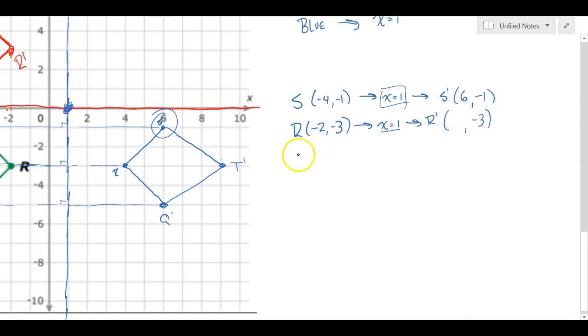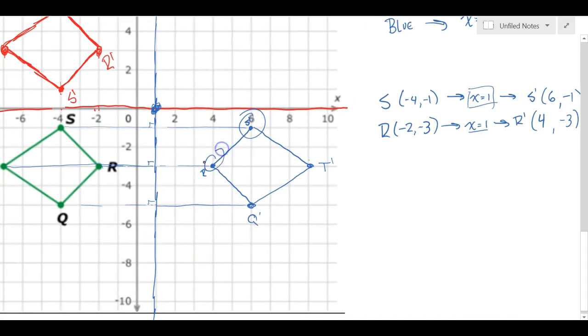And then I say, what's the difference between -2 and 1? Hopefully you see that as 3. So then I say, okay, what is 3 to the other side, otherwise known as to the right of 1, our line of reflection? Well, it's 4. We come over here and we see, in fact, that is at 4, -3. Same thing we can do over here.